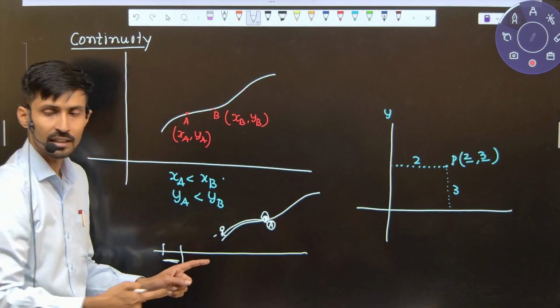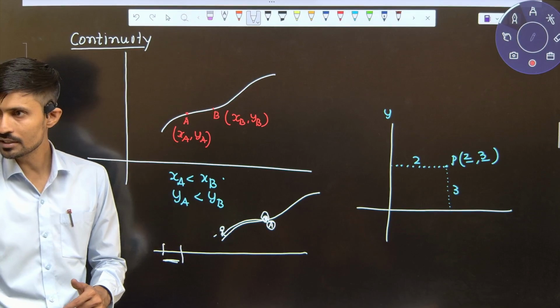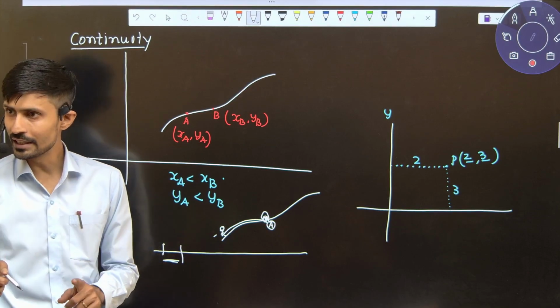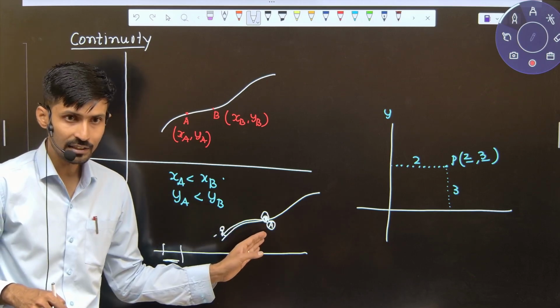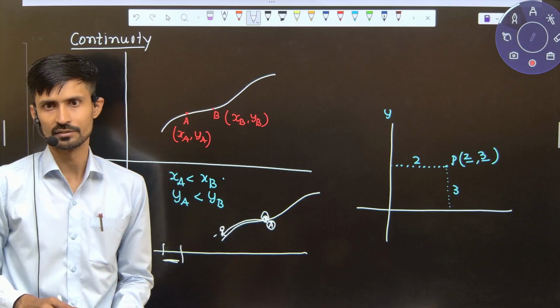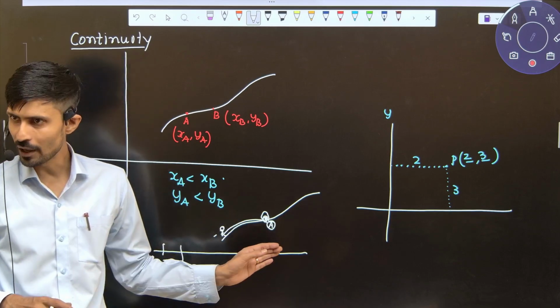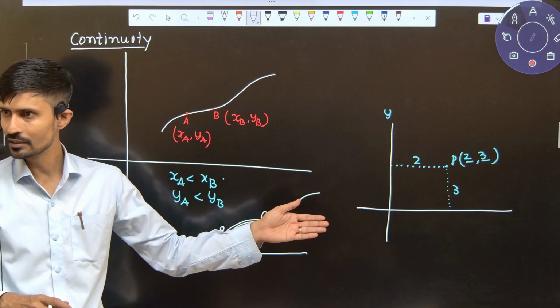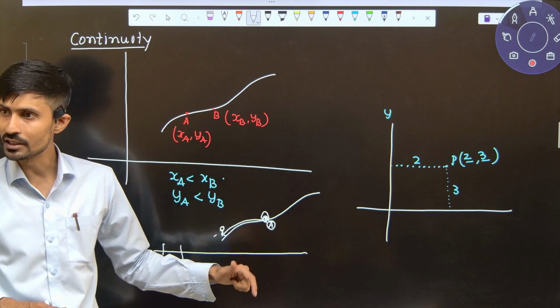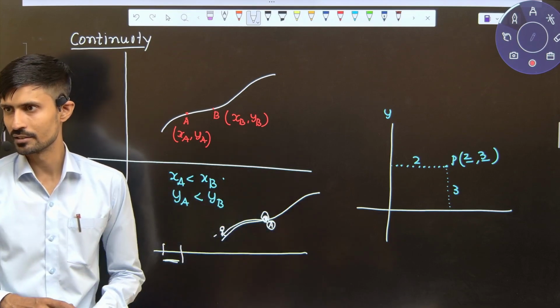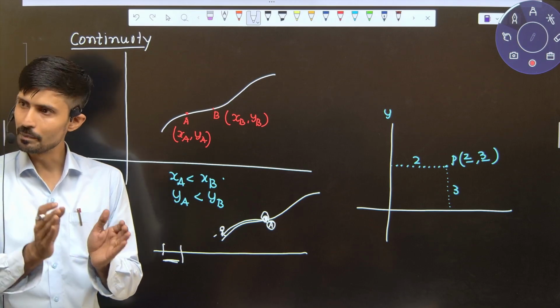So in mathematics we say, for this function, at point A, that function is discontinuous. That becomes the mathematical language.